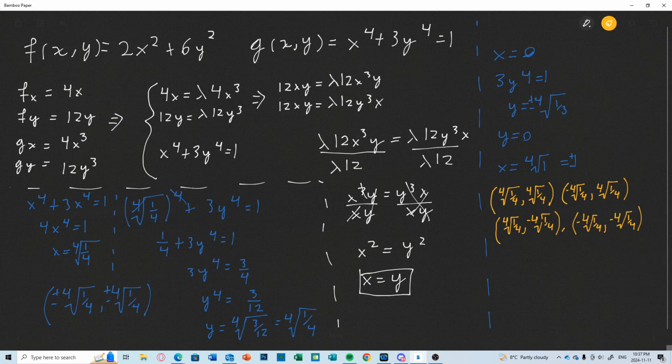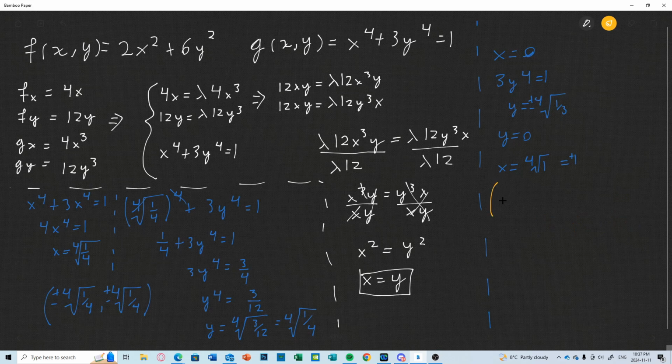And if you felt like simplifying it a little bit more, we get the root of 1/2 and the root of 1/2, then negative root 1/2 and root 1/2, then root 1/2 and negative root 1/2, and then negative root of 1/2 for both of them. And that gets rid of our points.